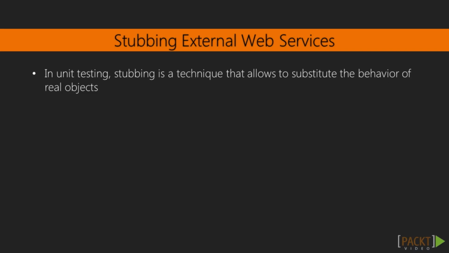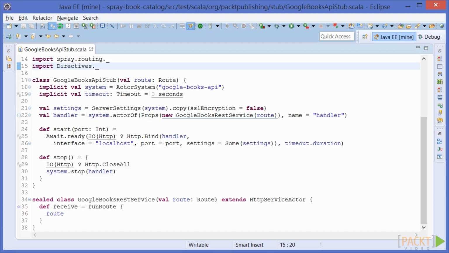Another, slightly different technique which often appears in testing is stubbing. Instead of simulating the dependency, the stub, or so-called dummy implementation, is going to be used instead. For us, it means having a dummy Google Books Search API endpoint available somewhere. What could suit better for creating RESTful web services stubs than Spray Framework?